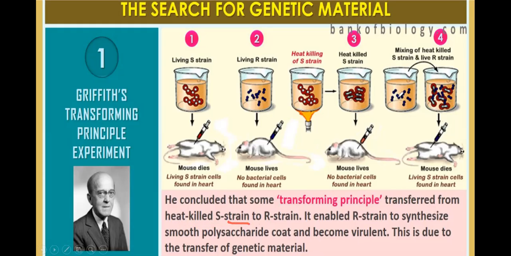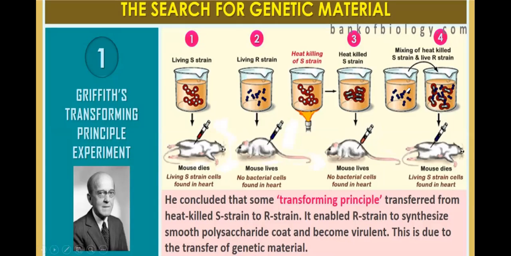So something was transferred from the heat-killed S strain to the R strain. It enables the R strain to synthesize a smooth polysaccharide coat and become virulent.